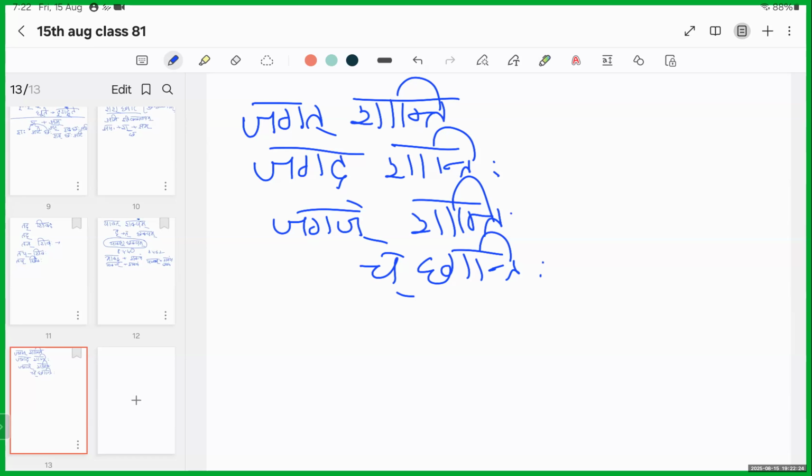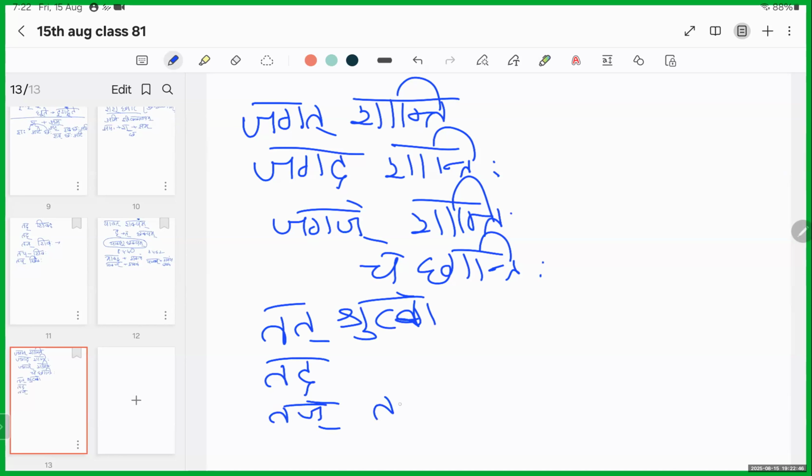Okay. Then similarly we have Tat Shrutva. Tat Shrutva Tadeva Nupravishat. Right? So now if you say Tat Shrutva, what will happen? Tad, then Taj, then Touch. Same, we've seen just now. Kharicha will make it Touch. Touch Shrutva or Touch Shrutva.